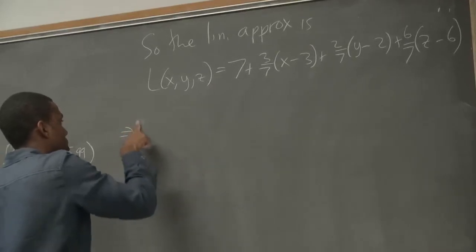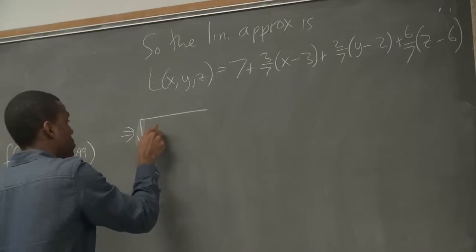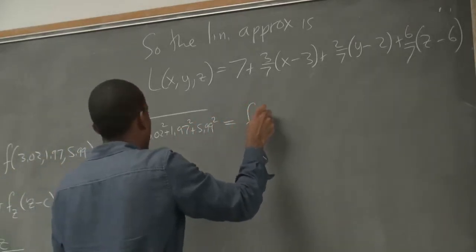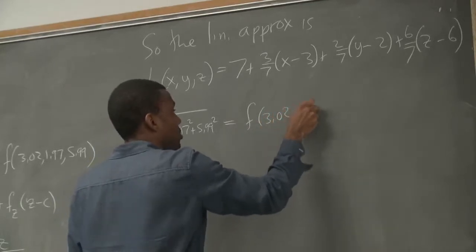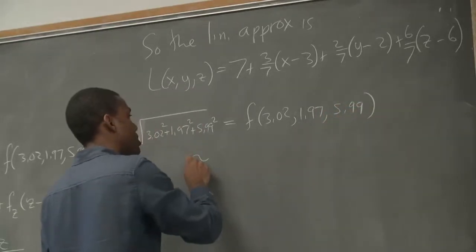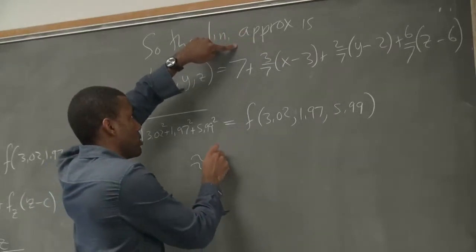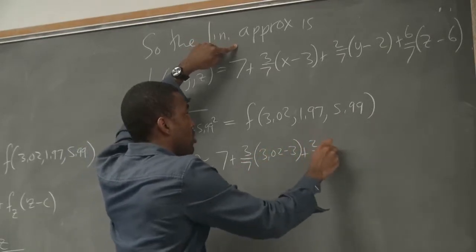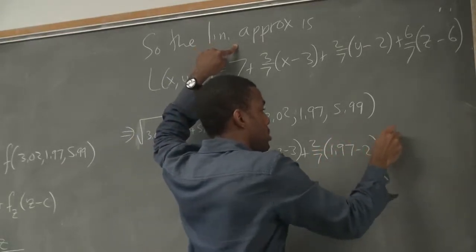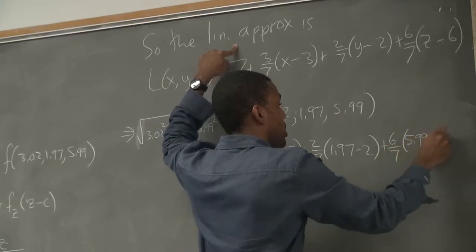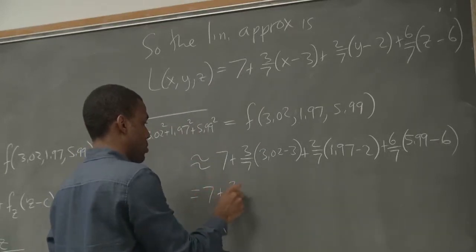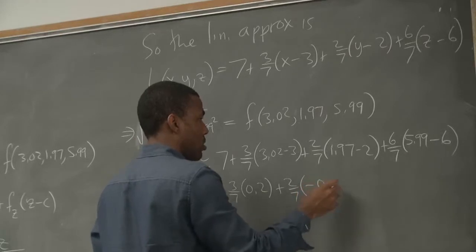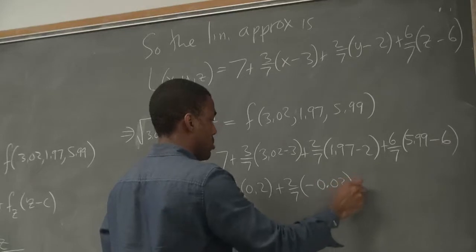This implies that this guy is equal to f of this, which is approximately, just plug in this x, y, and z into that function. 0, 2.